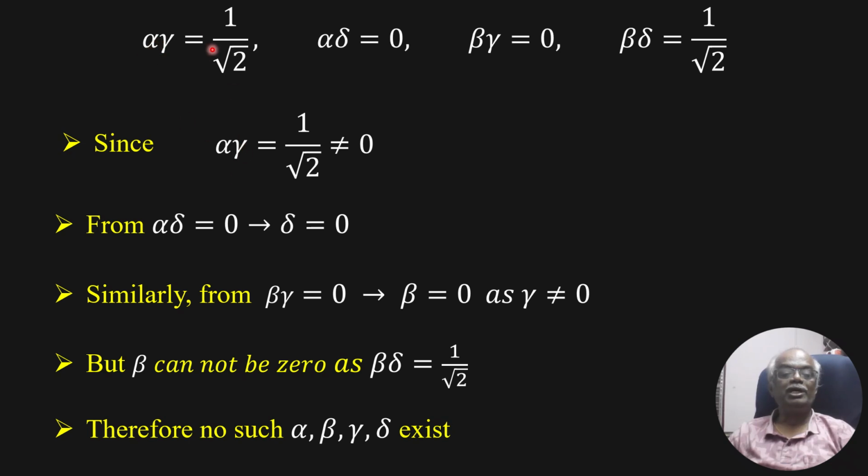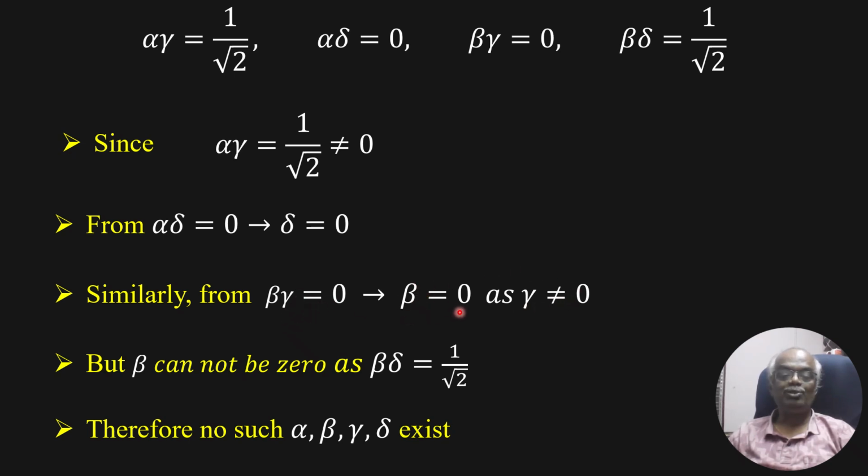Since alpha gamma equals 1 over √2, this is not equal to 0. Second one, you take care: alpha delta equals 0. That means alpha is not zero, we have seen here. Naturally, delta must be equal to zero. Similarly, here you can see beta gamma equals zero. From the first one, we know gamma is not equal to zero.